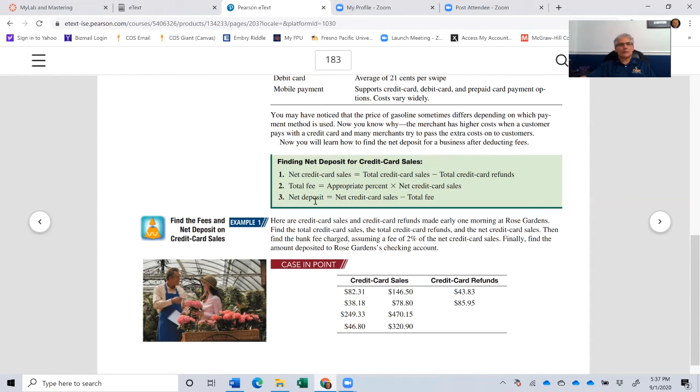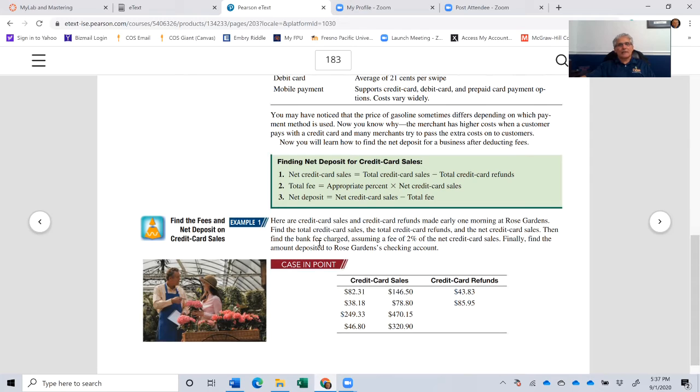So the example on page 183: here are credit card sales and credit card refunds made early one morning at the Rose Gardens. Find the total credit card sales, the total credit card refunds, and the net credit card sales.